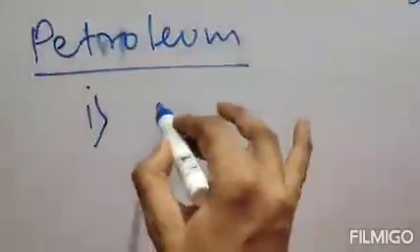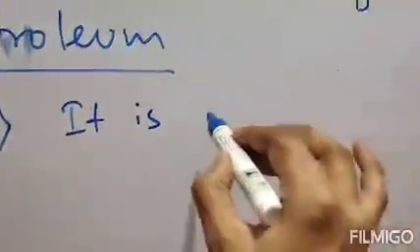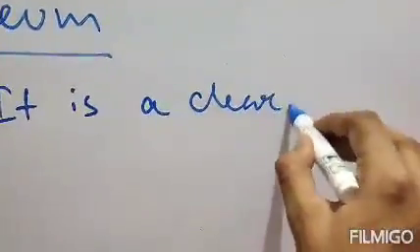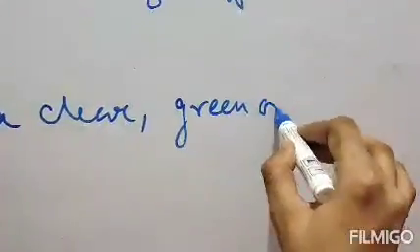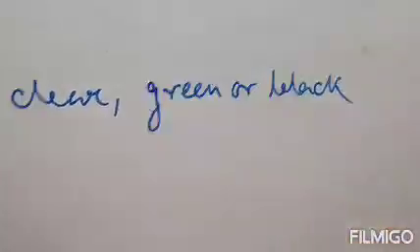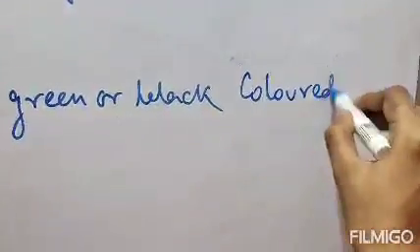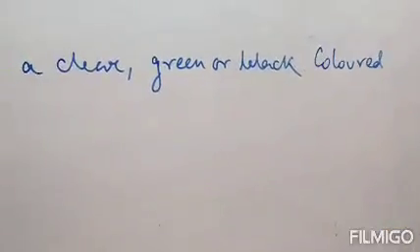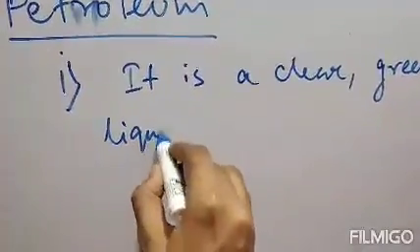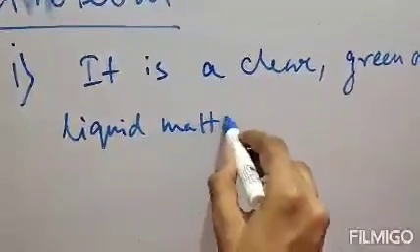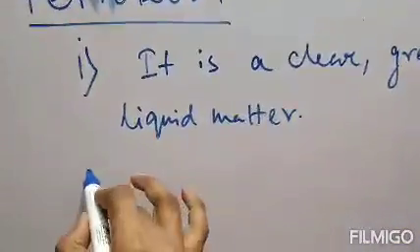So the first property is it is a clear green or black colored liquid matter. This is the first property of petroleum.